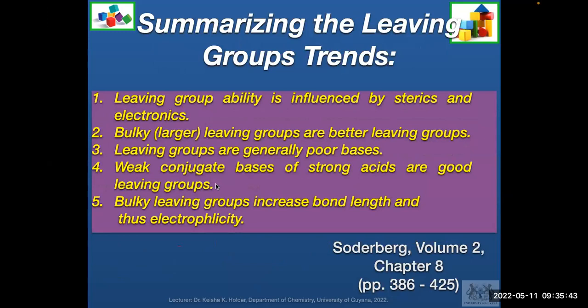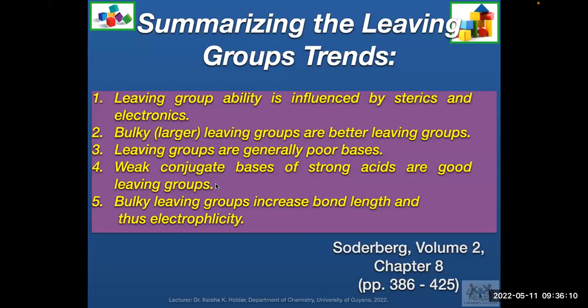Bulky, larger leaving groups are better leaving groups. Now this is almost kind of like a reverse or an inverse relationship. We saw for the electrophiles, the smaller they are, the less bulky they are, the better they are at being electrophiles. In the case of leaving groups, we're finding that the larger the leaving group is, the better it will be as a leaving group.